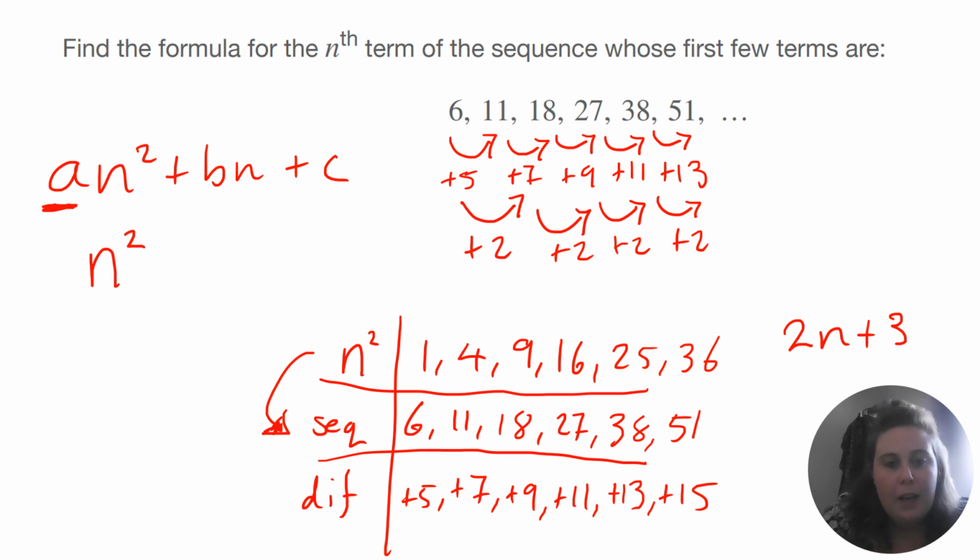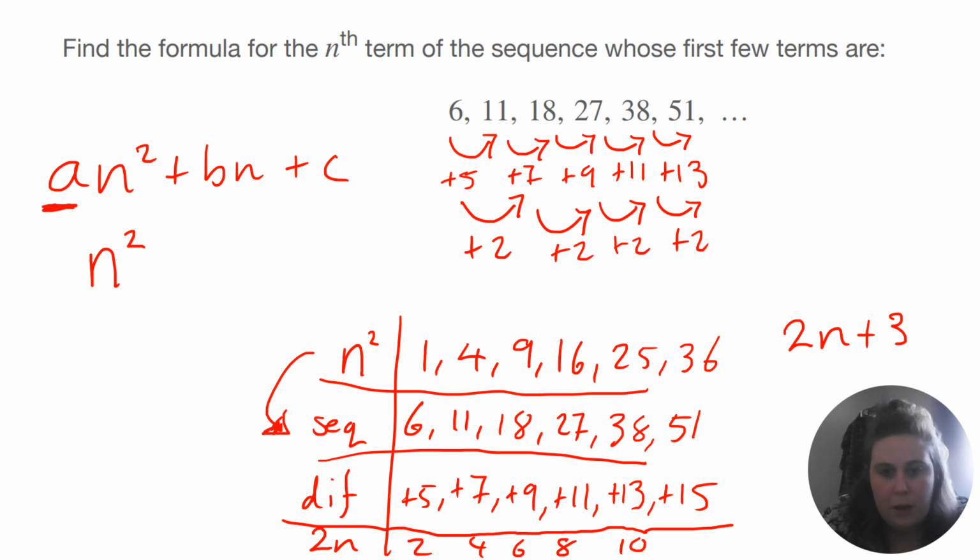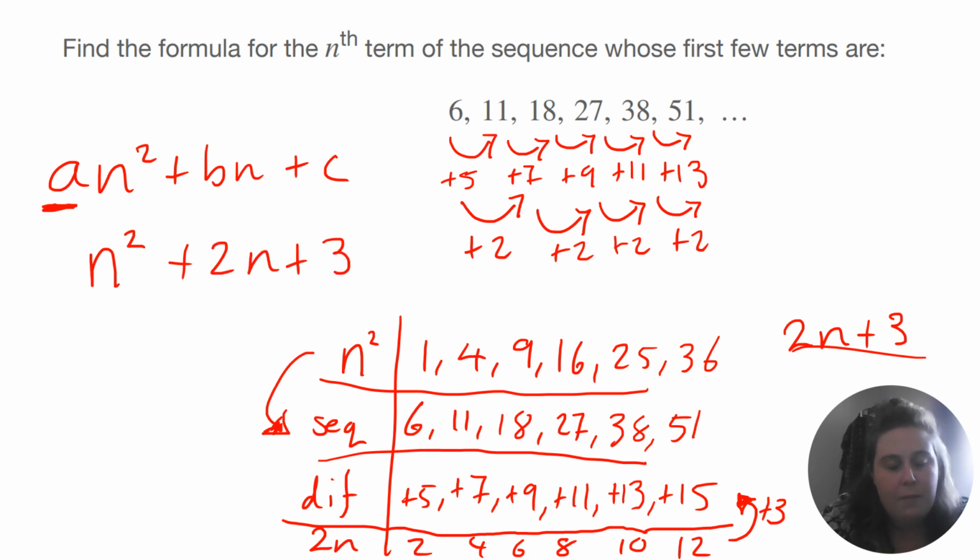You don't have to do this part, but just to show, if we put the sequence 2n at the bottom, we get 2, 4, 6, 8, 10, 12. To get from this bottom row to the corresponding number on the next row up, you just add 3. So we know that is the linear part. So we just add this on to the end, plus 3. And that is the final nth term for this quadratic sequence: n squared plus 2n plus 3.